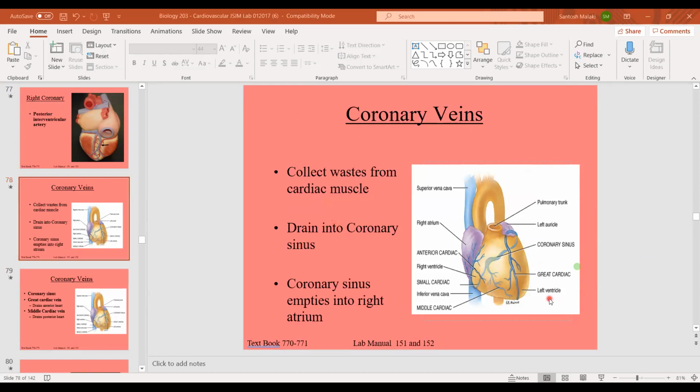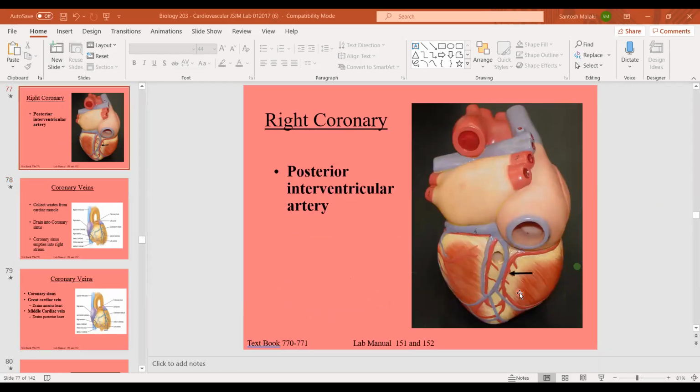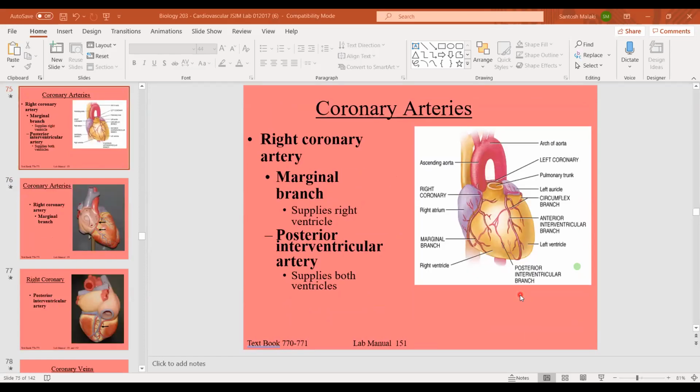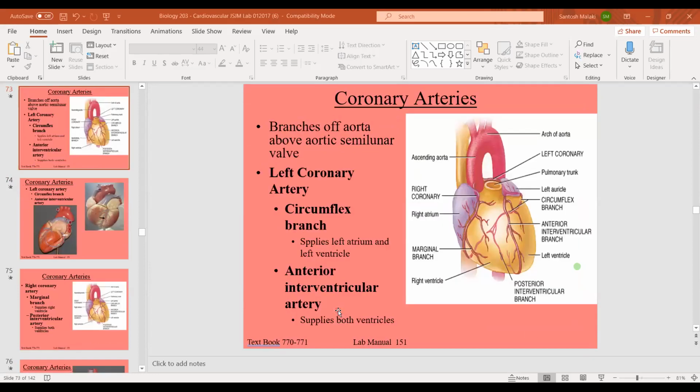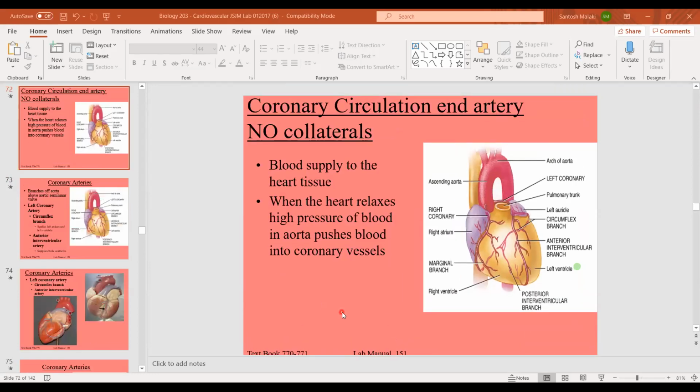So what's the drainage of the heart? There are two major veins. In the front is the great cardiac vein. The great cardiac vein corresponds to the front. Let's go to the front of the heart. So if you are looking at the front of the heart, this is the image of the front.